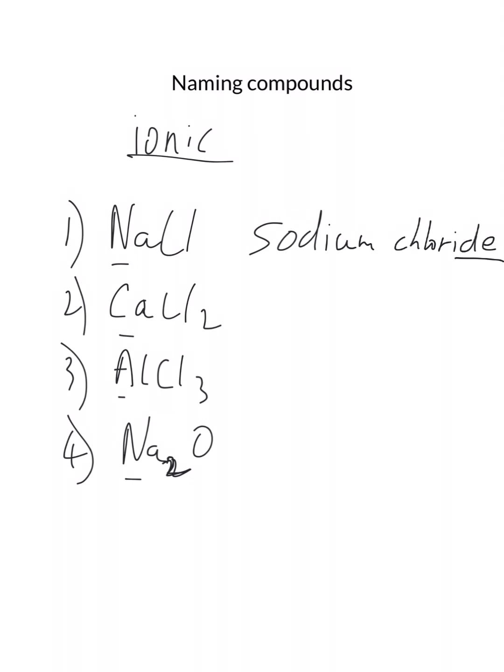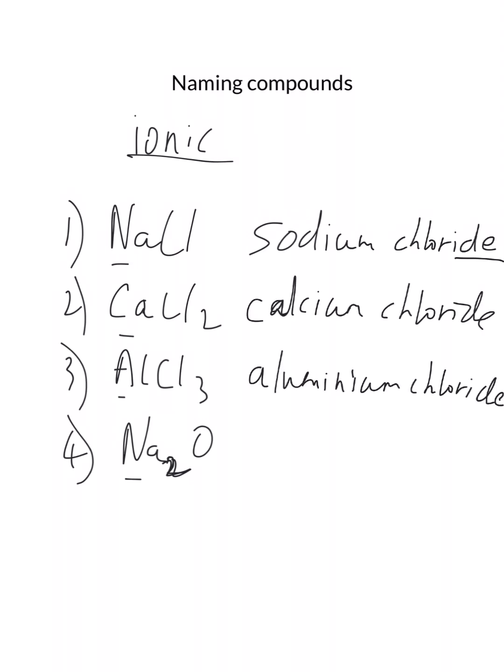Try doing the other three, and I'll pop the answers up in a second. So I did number 2 and 3 here, and all of them are ending in the same way: calcium chloride, aluminium chloride. You'll notice that despite the fact that we have 2 or 3 chlorines respectively in those, we don't actually account for that in the name. We just call it chloride. And the reason for that is there's only really one way for sodium and chloride to come together.